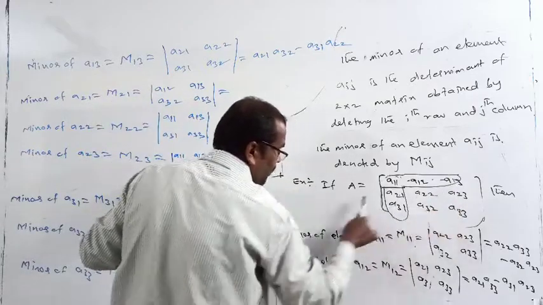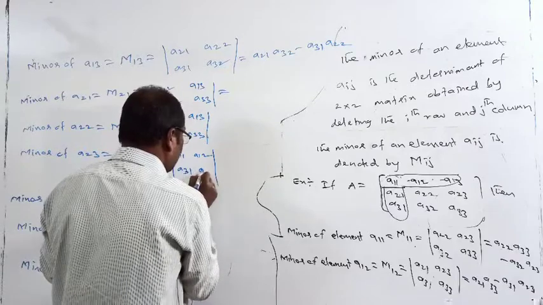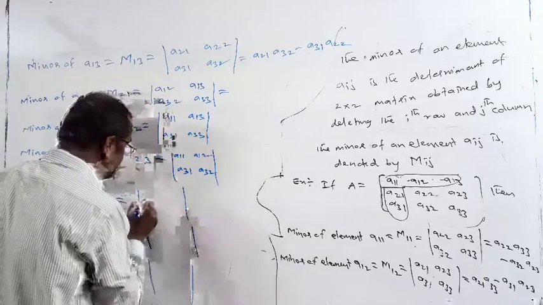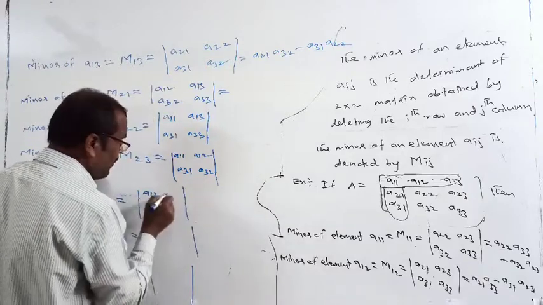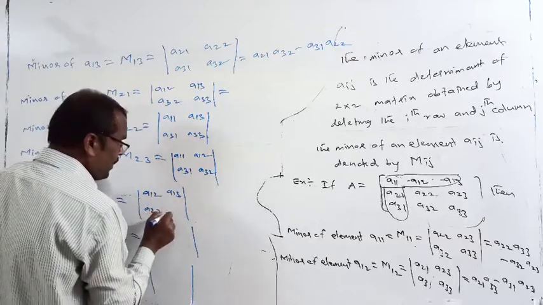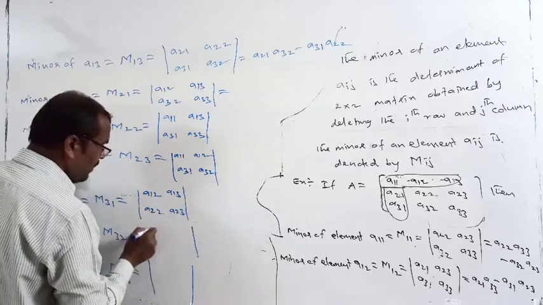Delete this column and row. A31, A32. No? Next M31: A12, A13, A22, A23.